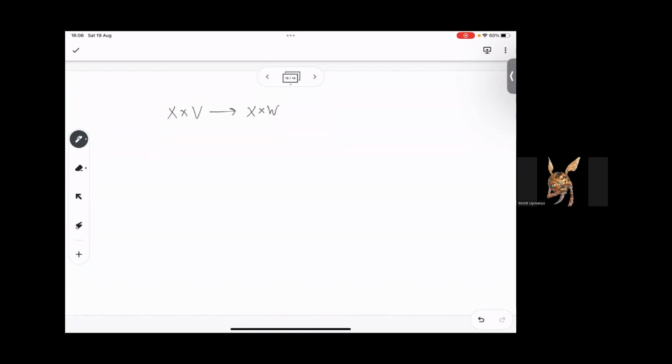Right, so since we are talking locally, we can assume both vector bundles are local.